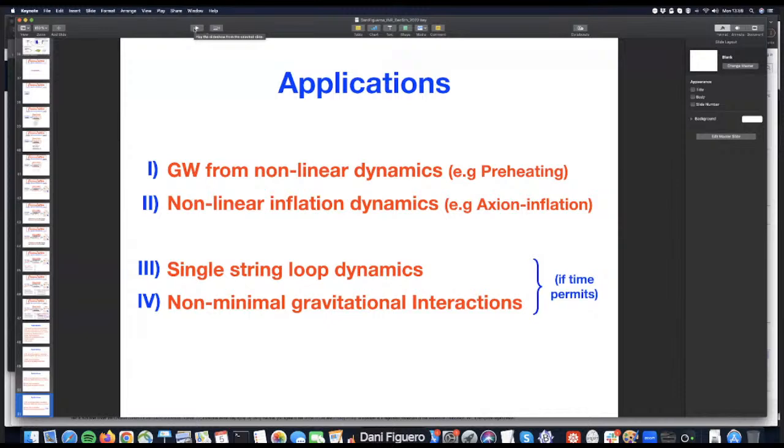Thanks for the question. Another question, Daniel. What are your typical lattices, and how many Hubble times can you simulate on achievable resources? Typical lattice depends on your resources. On my laptop, I do 256 cubed.